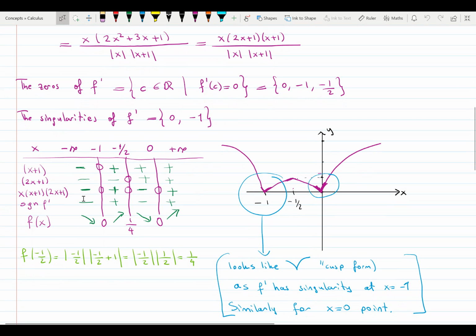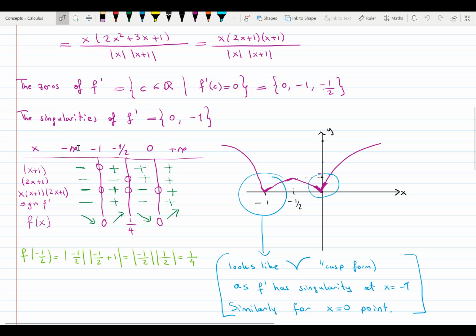Okay, now these are the critical points, and they will help us figure out the sign of f prime, which will give us where the function is increasing and decreasing. So for x, we have minus infinity, minus 1, minus 1 over 2, 0, and infinity. x + 1 will be negative up to minus 1 and positive afterwards. 2x + 1 will be negative up to minus 1 over 2 and positive afterwards.